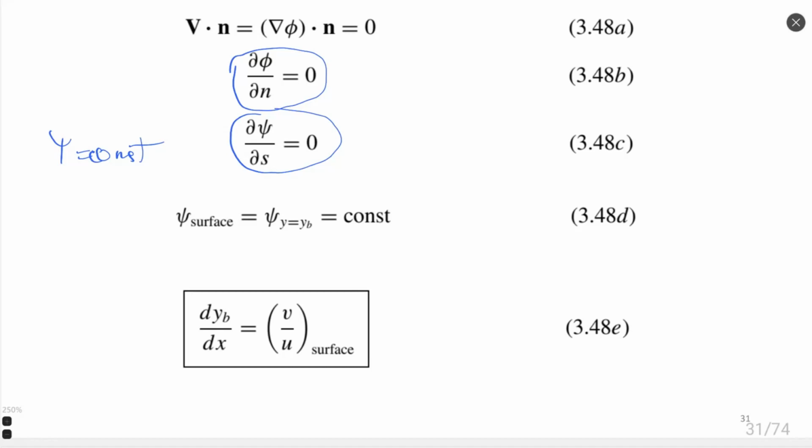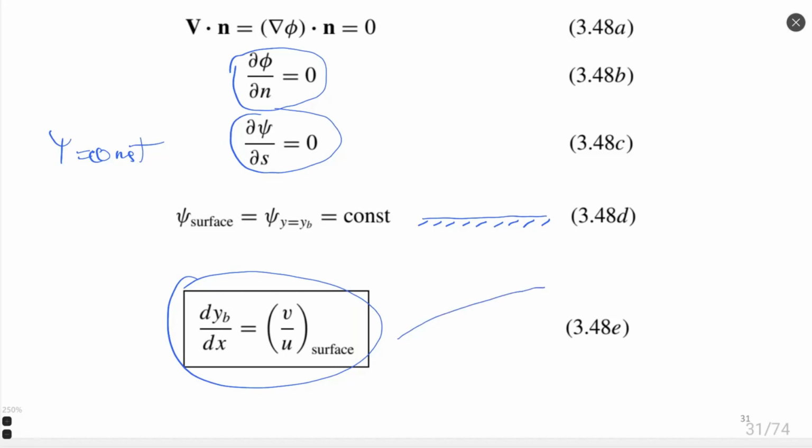It can be used for calculation of, for example, flow over some surface, and when the surface is not horizontal, we can use this description of the surface to calculate the direction of the streamline function. dy by dx is the inclination of the surface, which you may find.